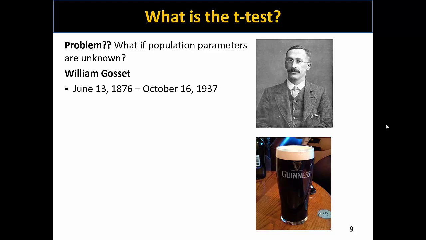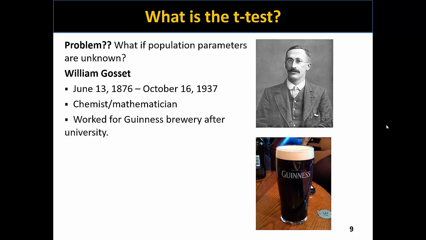William Gossett was an undergraduate student majoring in chemistry and mathematics, and soon after graduation in Ireland, worked for the Guinness Brewery right away in the area of quality control, and was in the process of examining different varieties of barley in order to produce better tasting beer.